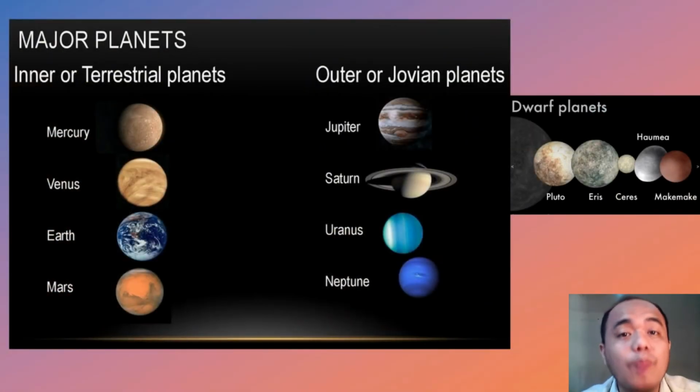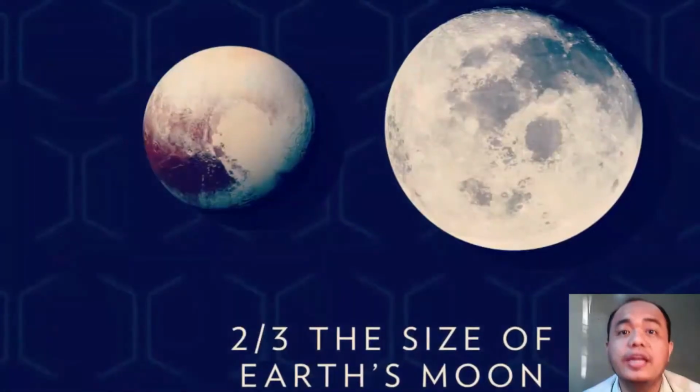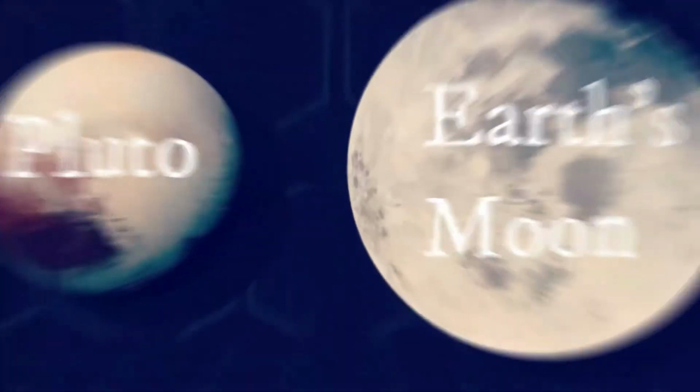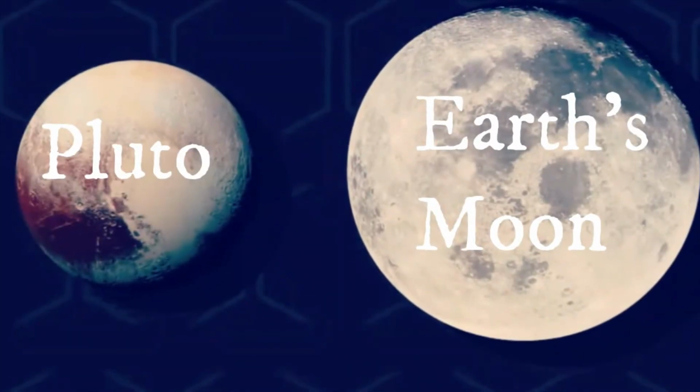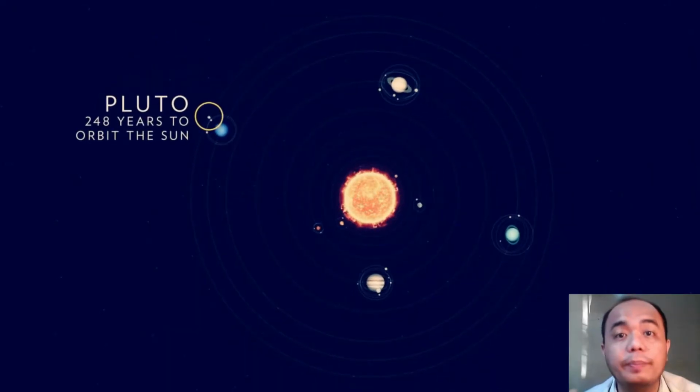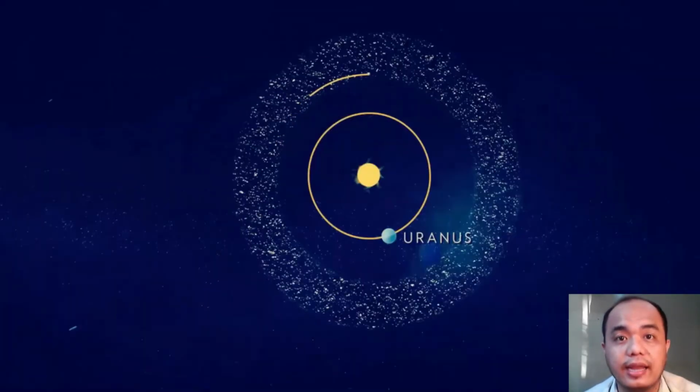Instead of adding more planets, our astronomers classify different heavenly bodies into different groups. Na mula noon, kine-question na talaga ang pagiging major planet ng Pluto considering maliit pa ito kaysa sa ating buwan or moon. At kine-question din ang orbit nito around the sun.